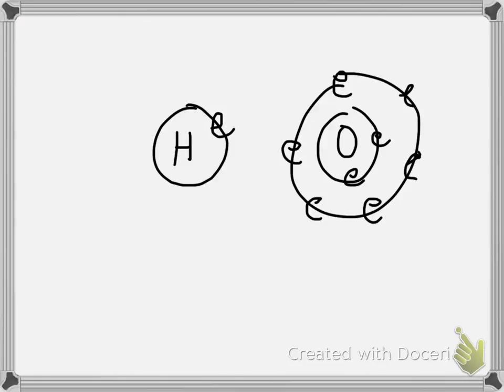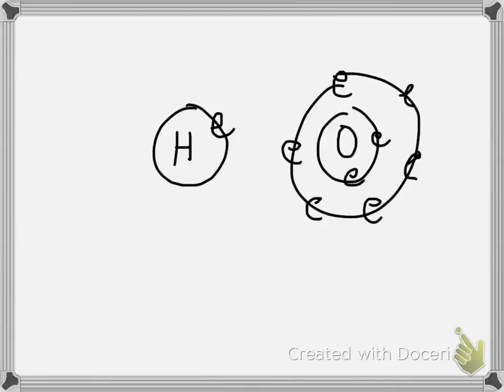Oxygen would like to have a full uppermost occupied main energy level. What's its uppermost occupied main energy level? 2. Yep, it's as simple as you think it is. How many electrons does oxygen have on that level? 6. We know that because it's in group 16.